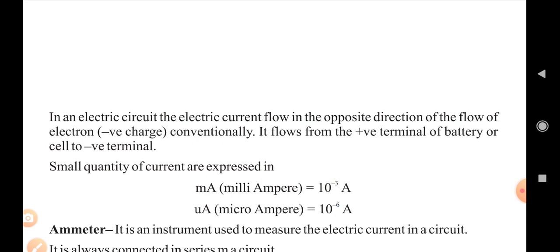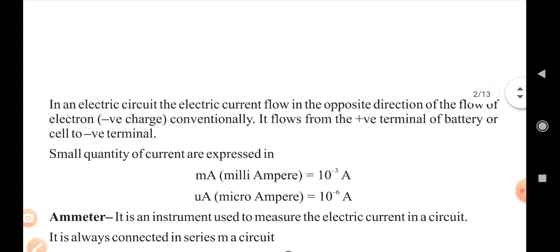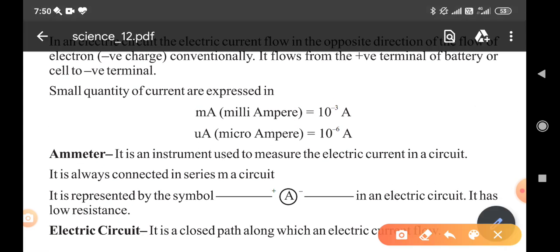As we see in electric circuits, we always mention that electric current flows opposite to the flow of electrons. It means electrons always flow from negative to positive terminal. Therefore, current flows from positive to negative terminal.